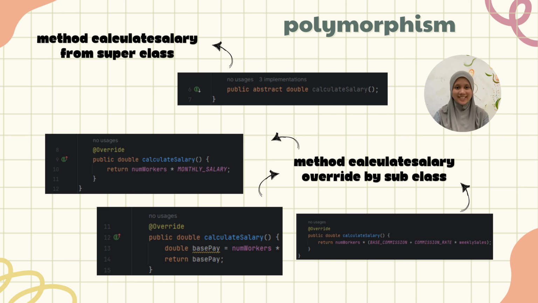It calculates the salary based on the number of workers, a base commission amount, a commission rate, and the weekly sales amount. The method returns the total calculated salary as a double value, and this explanation also applies to the other two subclasses. That's all for the object-oriented programming concepts used in this project.